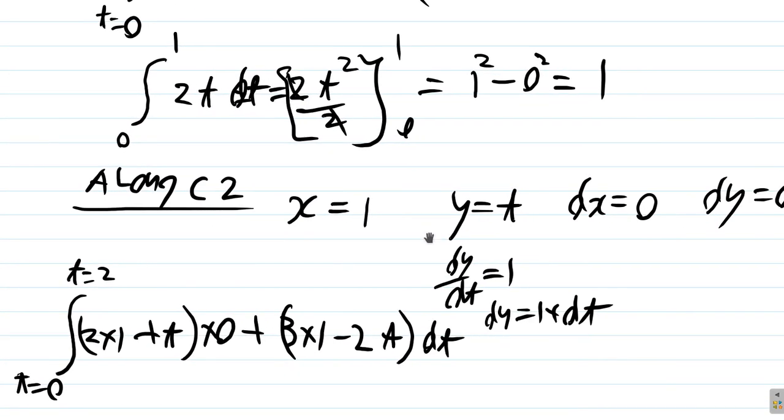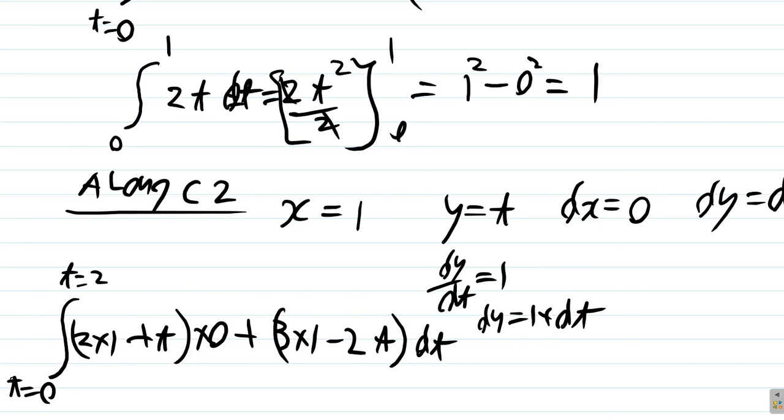Alright, let's use another color to show the continuation. So we have the integral from 0 to 2 of (2 plus t) times 0, but when you multiply by 0, all of this is gone. So it's 0. I didn't really have to write it.